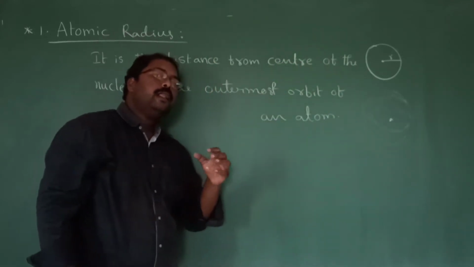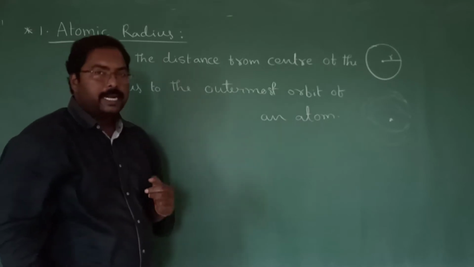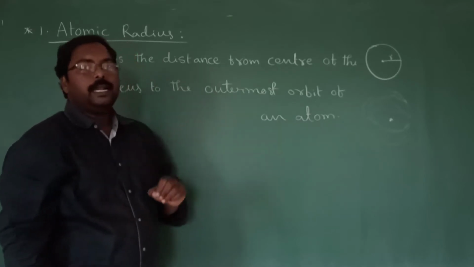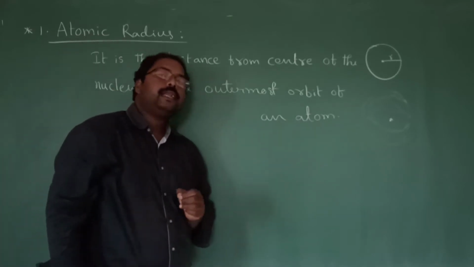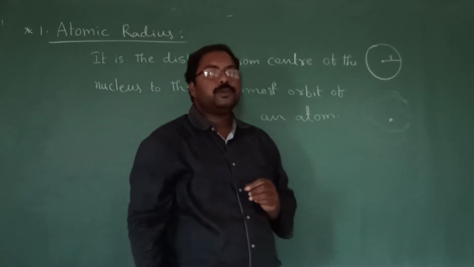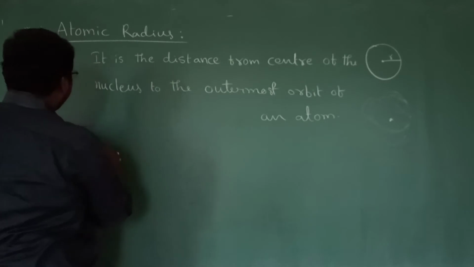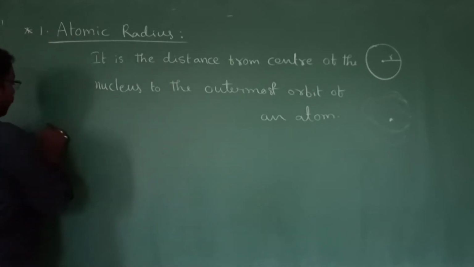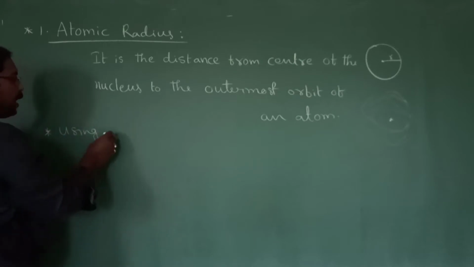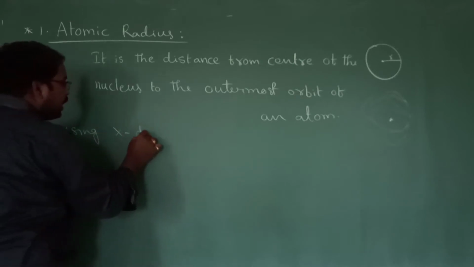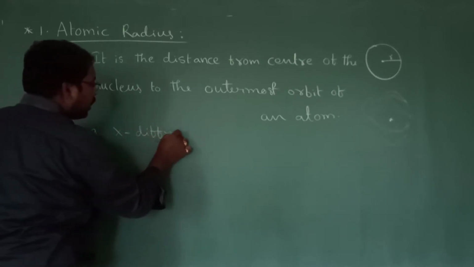Then how can we calculate the atomic radius? Practically, we calculate the radius of an atom using X-ray diffraction studies. Remember this point.